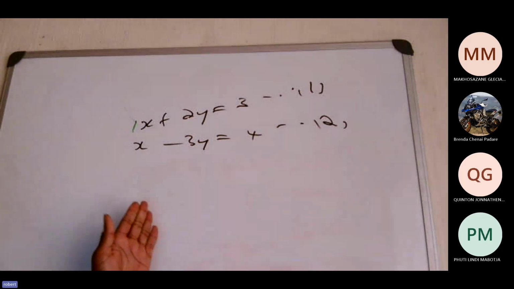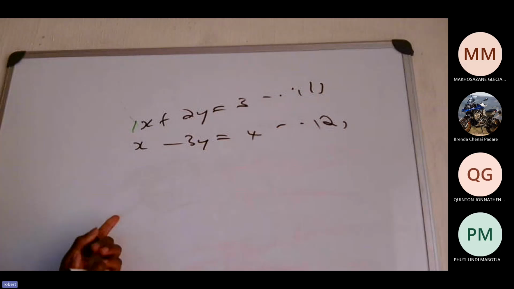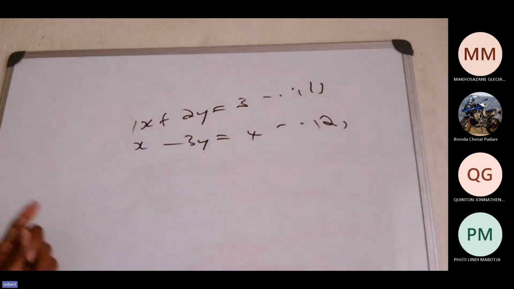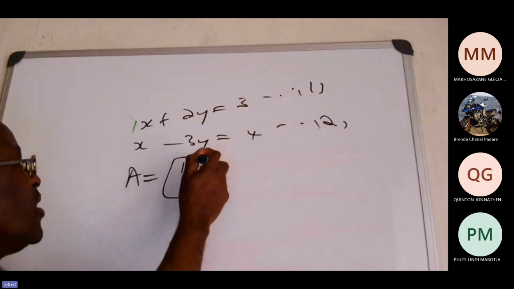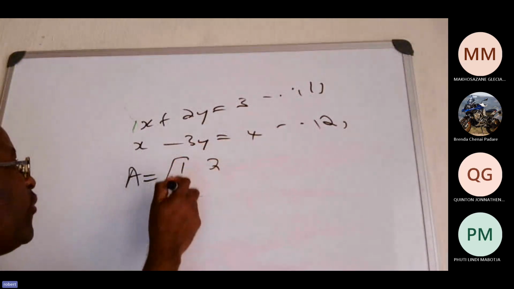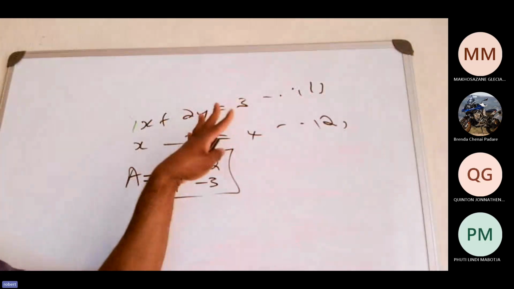The starting point is to find the coefficient matrix like you did last year. What will be the coefficient matrix? Here we call it A, the coefficient matrix. We know how to get it, but before, make sure that your linear system is in standard form.